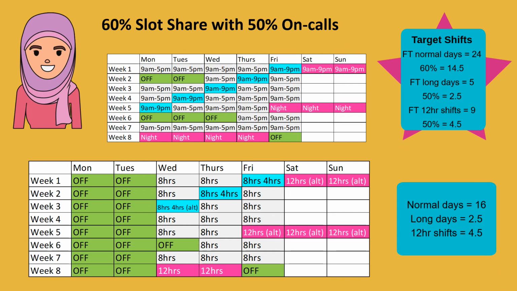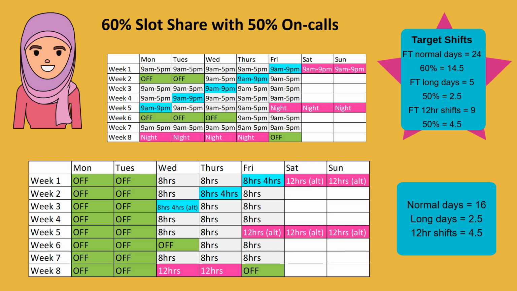Fatima decides to work her rota out by counting the different types of shifts. She has Monday and Tuesday as her non-working days. She works out that she needs to work 14.5 normal day shifts, 2.5 long weekday on-calls and 4.5 12-hour out-of-hours shifts as part of her 60% slot share with 50% on-calls.